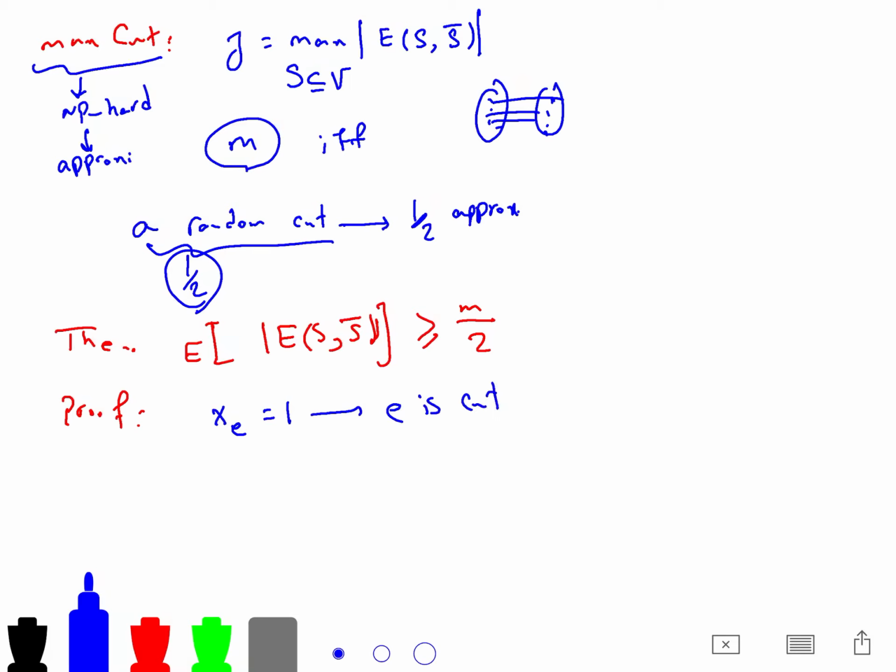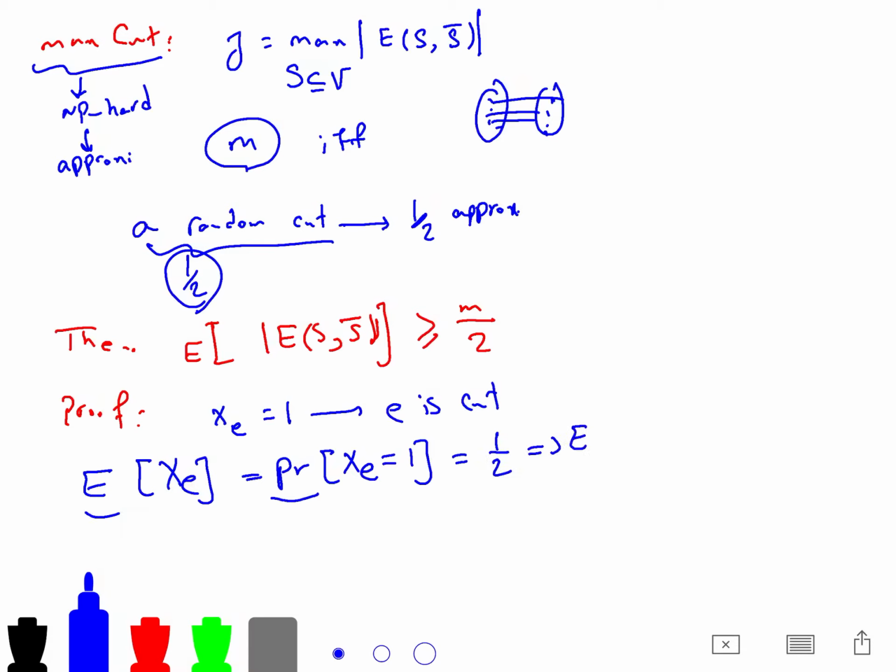Otherwise, it is not. So the expectation of that random variable is the probability of x_e equal to 1, because the value is 1, so the probability is equal to the expectation. And this is equal to half.